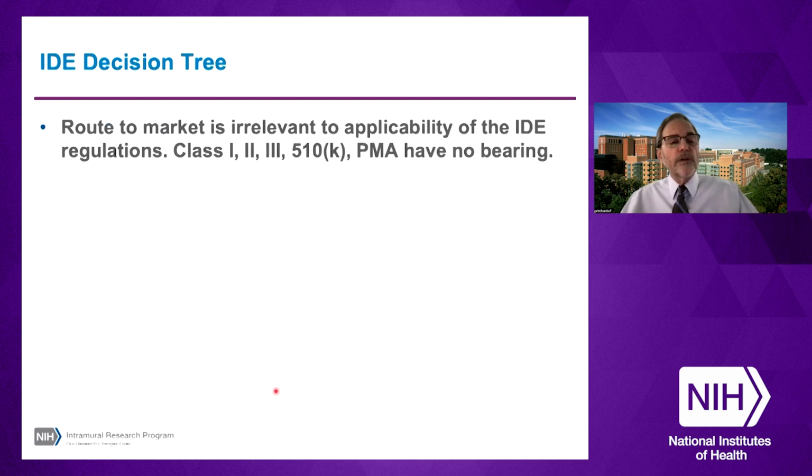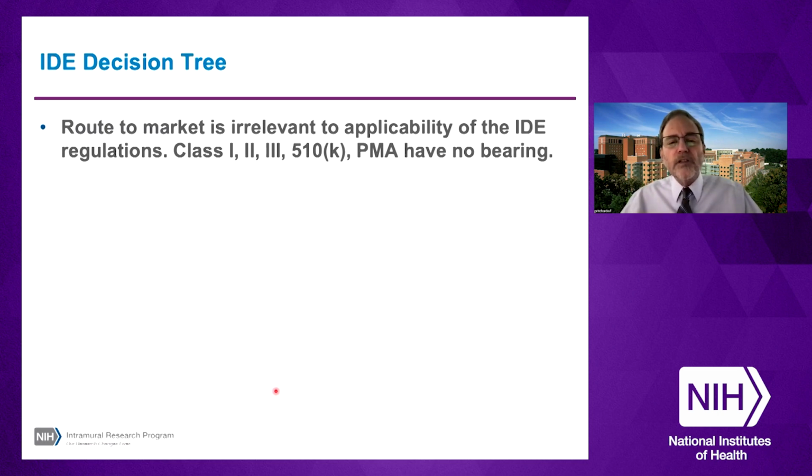So before I go into the decision tree, I want to make a few specific points. I did spend some time talking about class 1, class 2, class 3, and routes to market like 510(k) and PMA. I want to make sure you understand that the route to market is irrelevant to the applicability of the IDE regulations. Sometimes people say, well, it's a class 2 device, so therefore it's a study that I can do without FDA approval. And that's really not how it works.